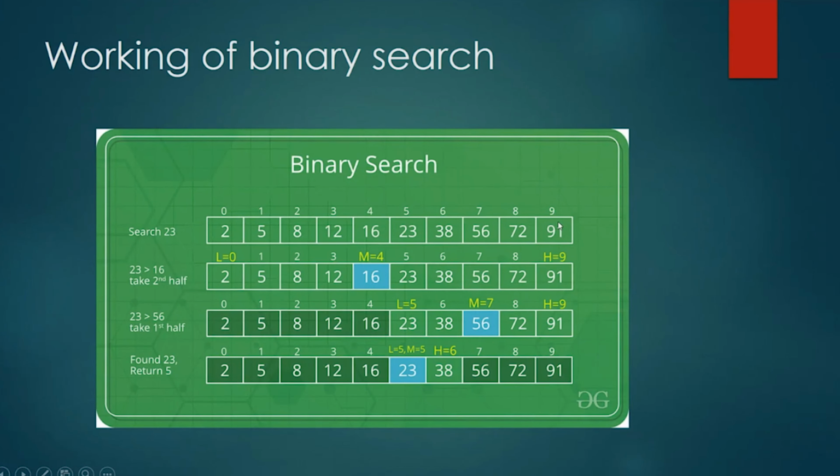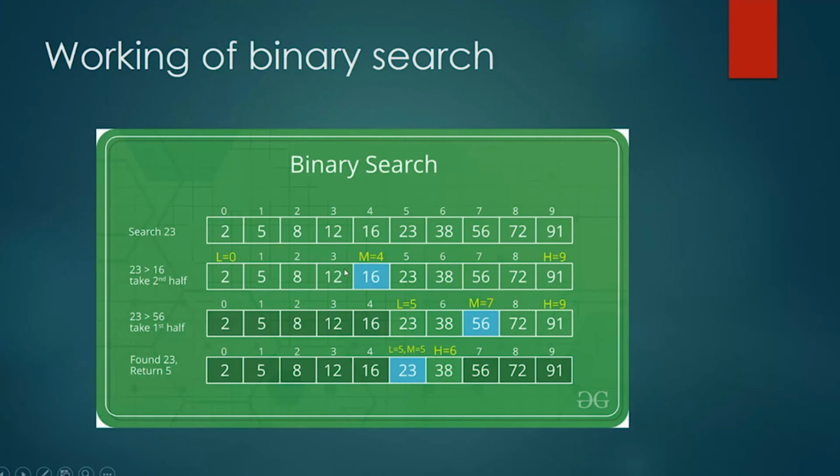What is the last index? 9. What is the starting index? 0. So what will be the middle index? 0 plus 9 by 2, which will be 4. So we will compare the element at index 4 with 23.